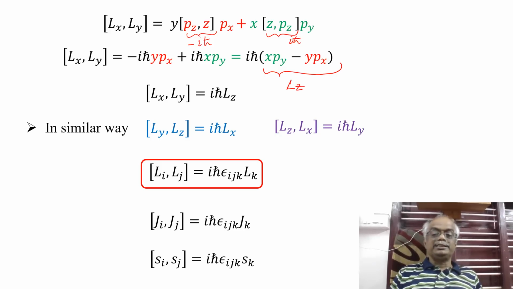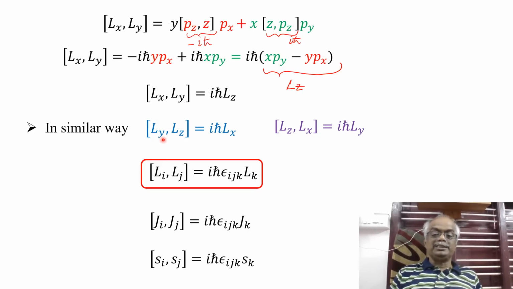So [Lx, Ly] is equal to iħ Lz. In a similar way, you can prove [Ly, Lz] is equal to iħ Lx. Similarly, [Lz, Lx] is equal to iħ Ly. If the order is changed, it is not cyclic. Here it is cyclic: xy, yz, zx.